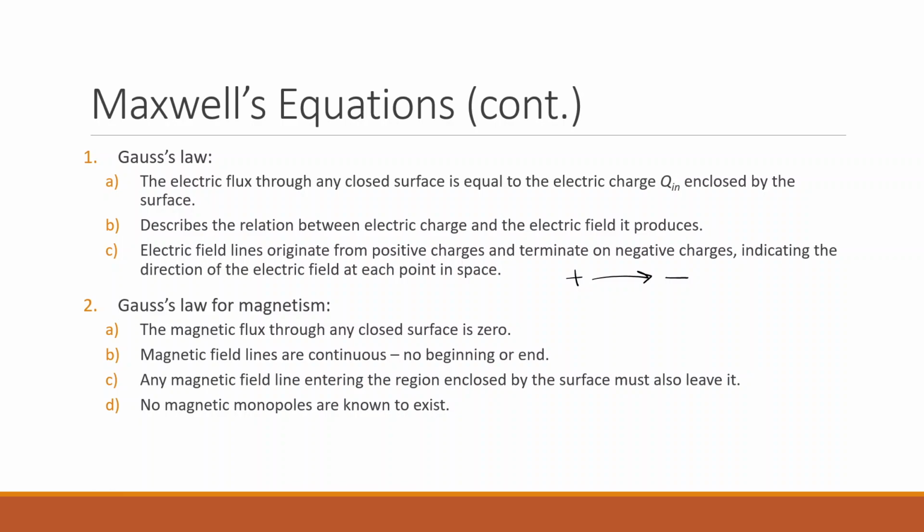Okay, remember if we have a magnet, we have a north and a south pole. If we cut that in half, we will just be left with two smaller magnets, okay, and so forth, down to the molecular level. Okay, we learned this in the magnetism section.